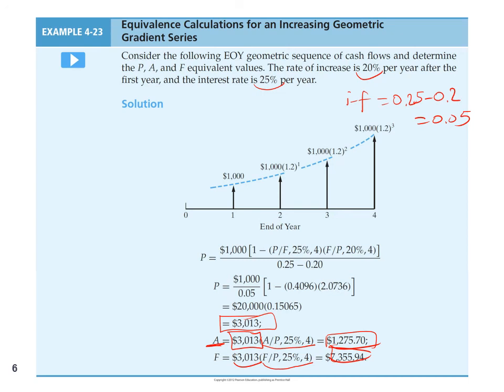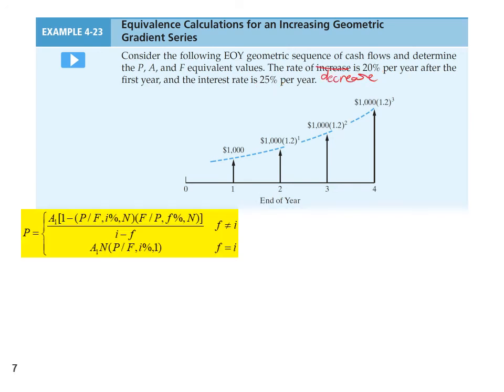Of course, once you have the formula for present worth, you can multiply it by 1 plus I to the power n to calculate the future worth, but you don't need to know it. So the first thing is to calculate the present worth, and from that you can calculate whatever you like, annual or future, and so on.